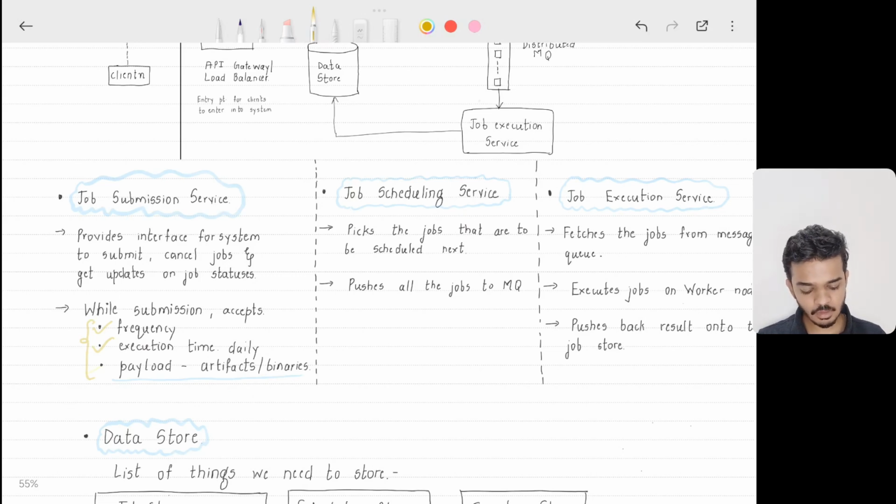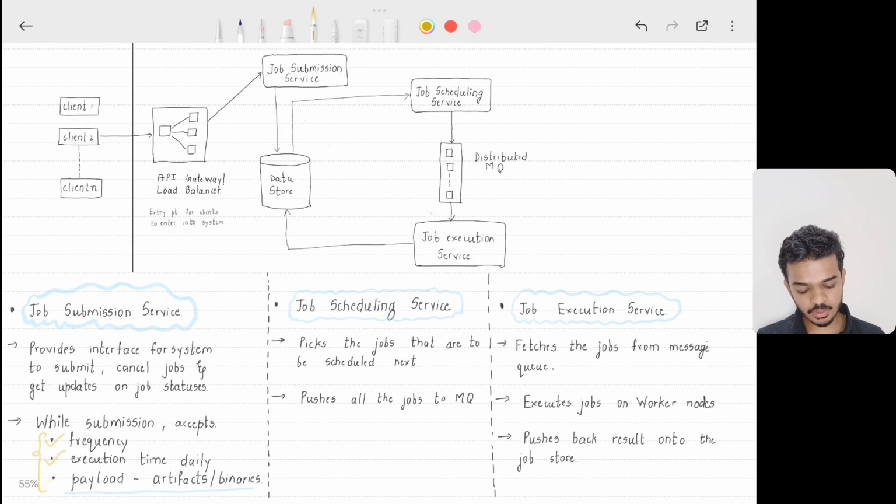Then there is a job scheduling service. What does the job scheduling service do? It picks the jobs that are to be scheduled next. The job scheduling service decides a time interval, and in that interval it will pick the jobs stored in our data store and schedule them.